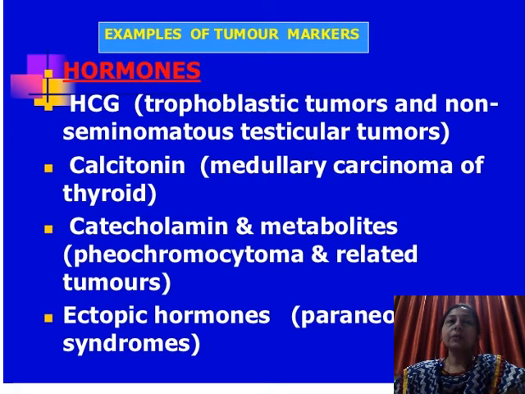Certain hormones like HCG, calcitonin, catecholamine, and ectopic hormones can be tumor markers of a particular malignancy. Like if we do the serum calcitonin level, we can make out a patient has medullary carcinoma of the thyroid. The level of catecholamine in the blood gives an idea about pheochromocytoma. So these are the serum tumor markers.